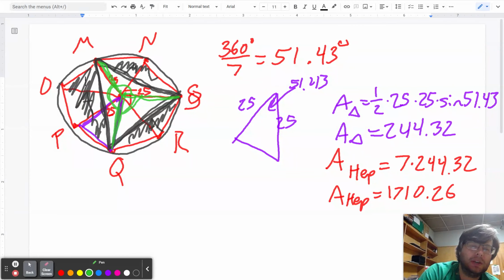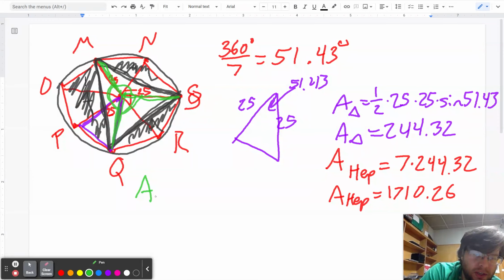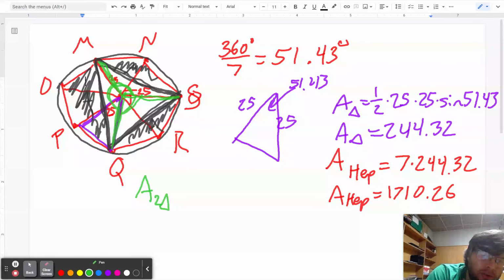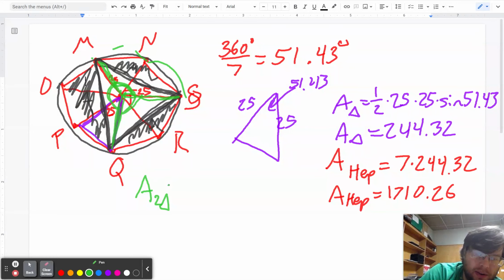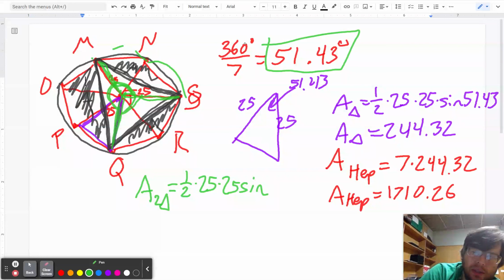So let's break it apart. The area of, I'm going to call it a 2 triangle because this one goes through 2 of the different spokes. It goes M to N to S. So the area of the 2 triangle is going to be 1/2 times A times B times sine of, I got to double this, whatever 2 times 51.43 is.